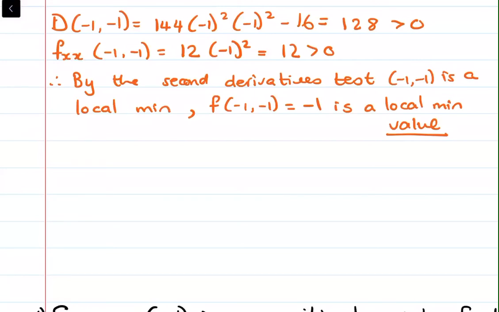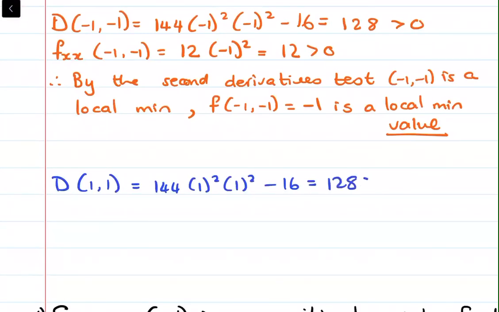Then we now have to do D(1, 1). If we do D(1, 1), once again we substitute 144 times 1 squared minus 16, and then this gives another 128, which is positive.